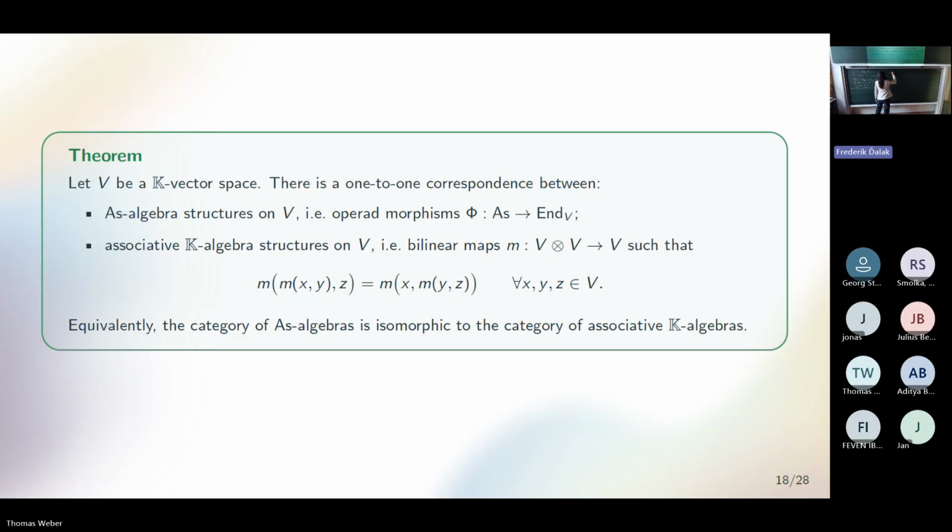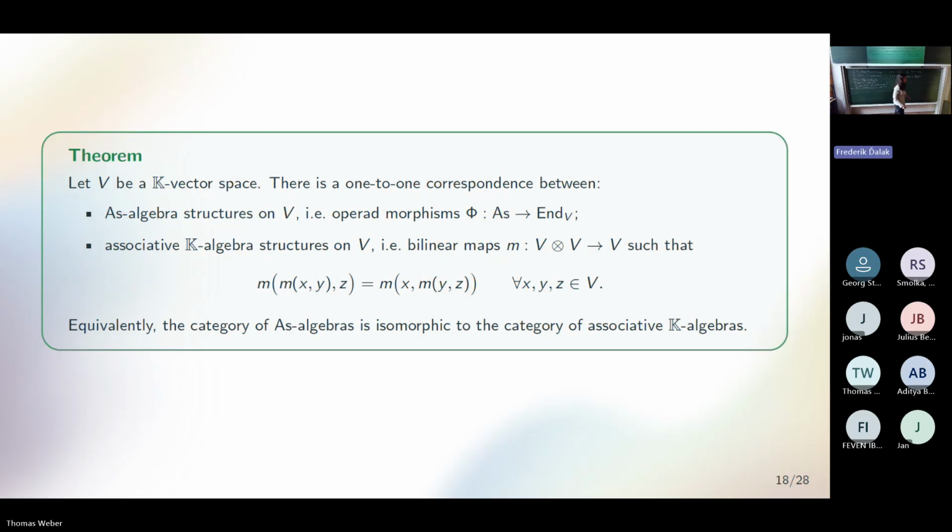An algebra can be thought of as a couple (V, phi), where V is a vector space and phi is a morphism from the operad As to the endomorphism operad over the vector space V. Given this morphism, and f a morphism of our algebras, we set F of (V, phi) as equal to the couple (V, m_V), where m_V is set as phi_2 of mu_2, where phi_2 is the second map of this family.